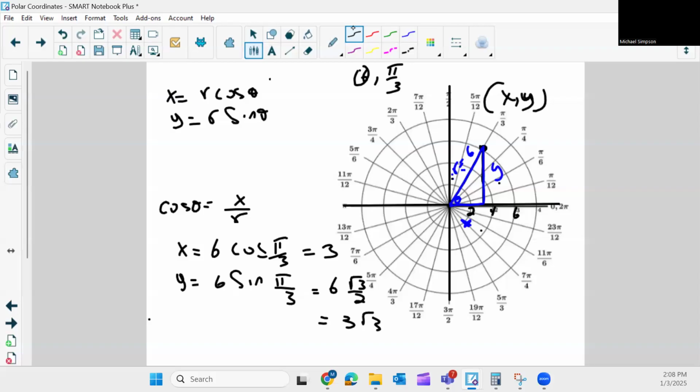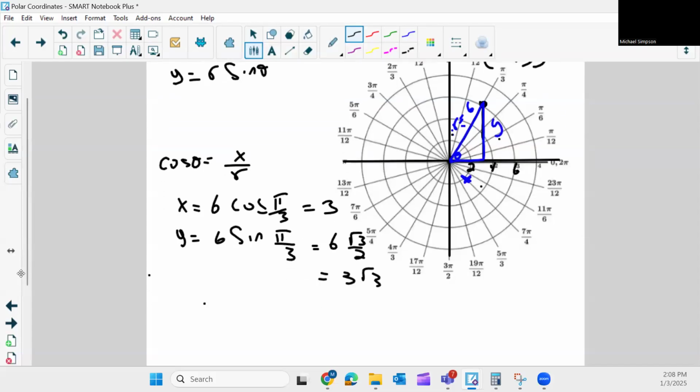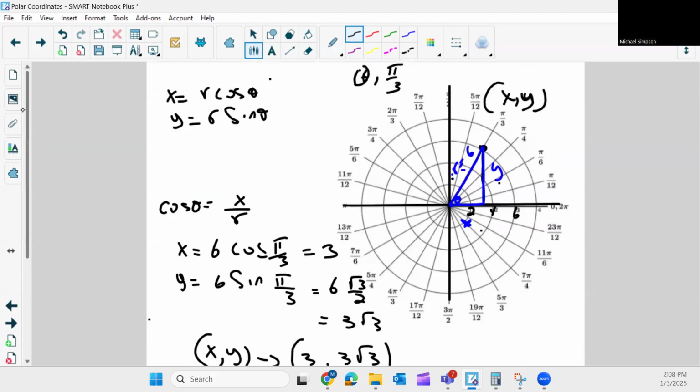So the x and y values, x comma y in rectangular coordinates, is going to be 3 comma 3 radical 3. That's what you do. So the formula is, again, this is the formula right here, guys. Good.